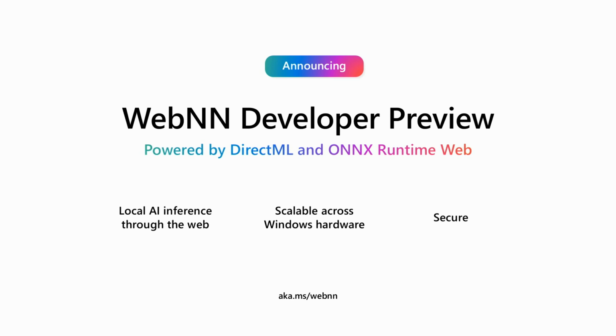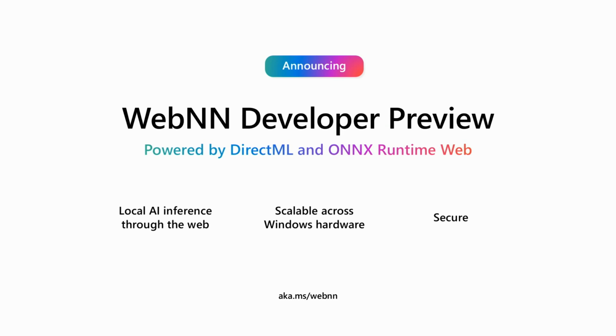WebNN is an emerging web standard that defines a powerful way to inference ML models for web applications. WebNN allows you to access the hardware-accelerated capabilities of local accelerators, such as GPUs or NPUs, to run machine learning models efficiently and securely. This means that web applications can leverage the power of machine learning without requiring the user to install any additional software or plugins.